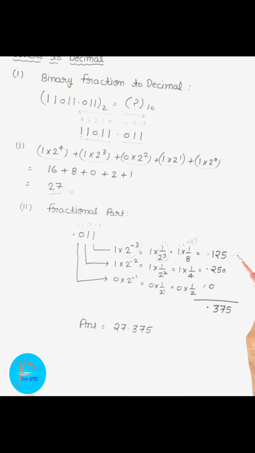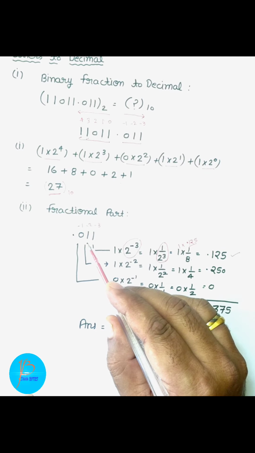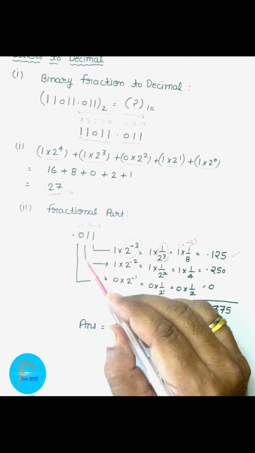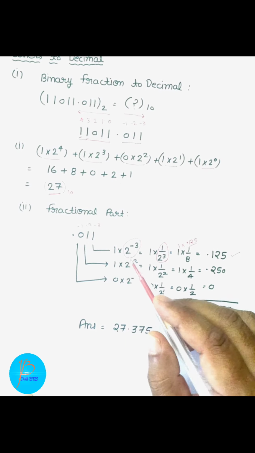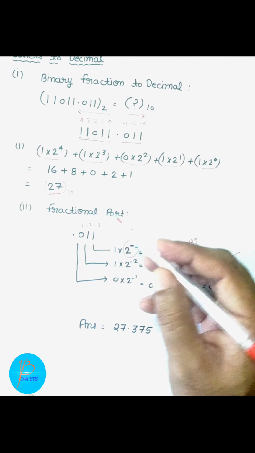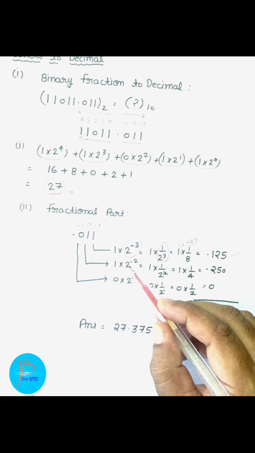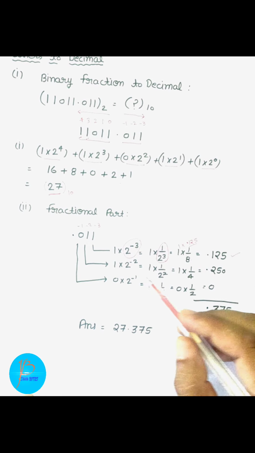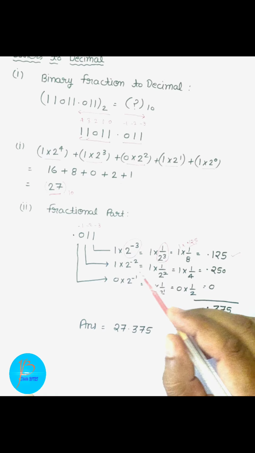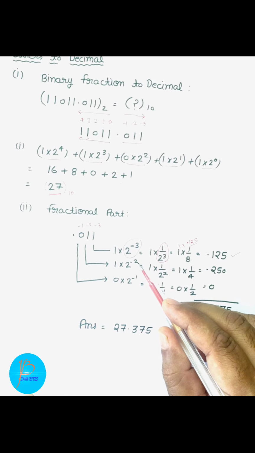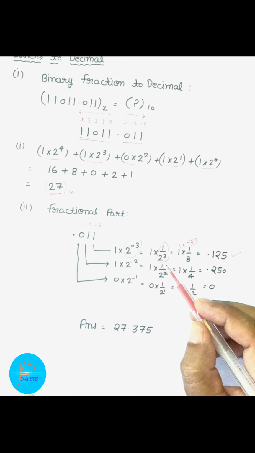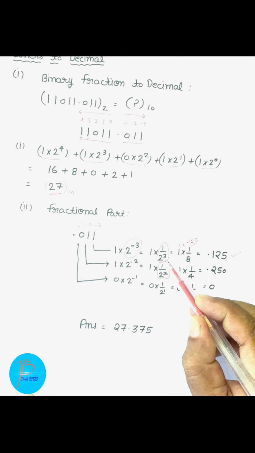Okay, after completing this you will move to the second digit. Again here it is 1, so you will note down 1 into, and the number given upon this is -2, which represents the power of 2, you know. So 1 into 2 raised to the power -2. In the first step you have to convert this power from negative to positive, and for that you convert it into a fraction.